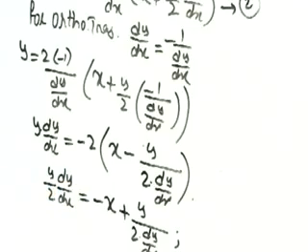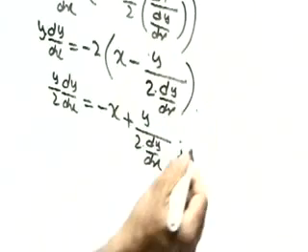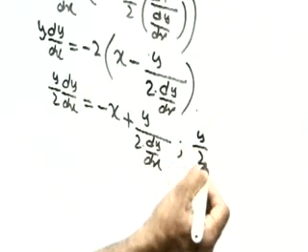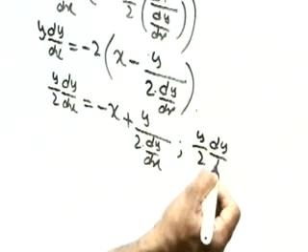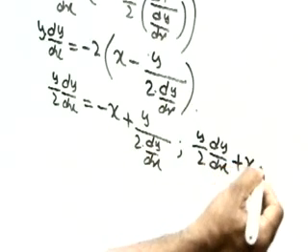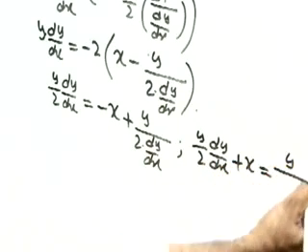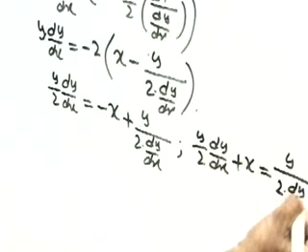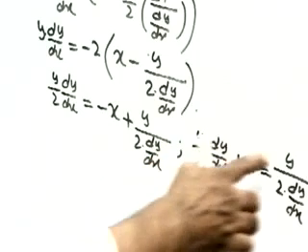Now see here, if we bring minus x here, it will be plus x. I'm writing here. You see here, y by 2 dy by dx, minus x on the other side, it will be plus x equals y divided by 2 into dy by dx.